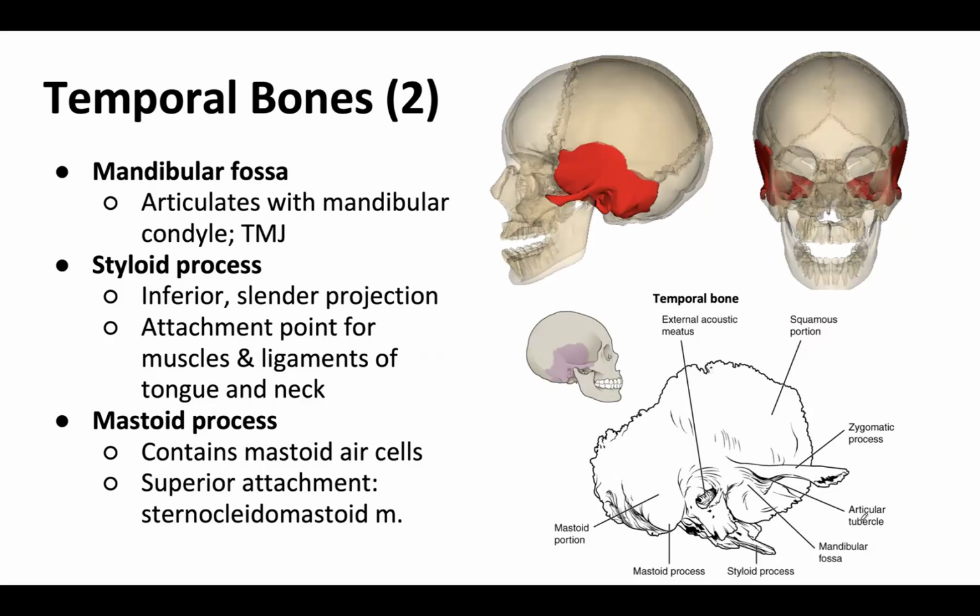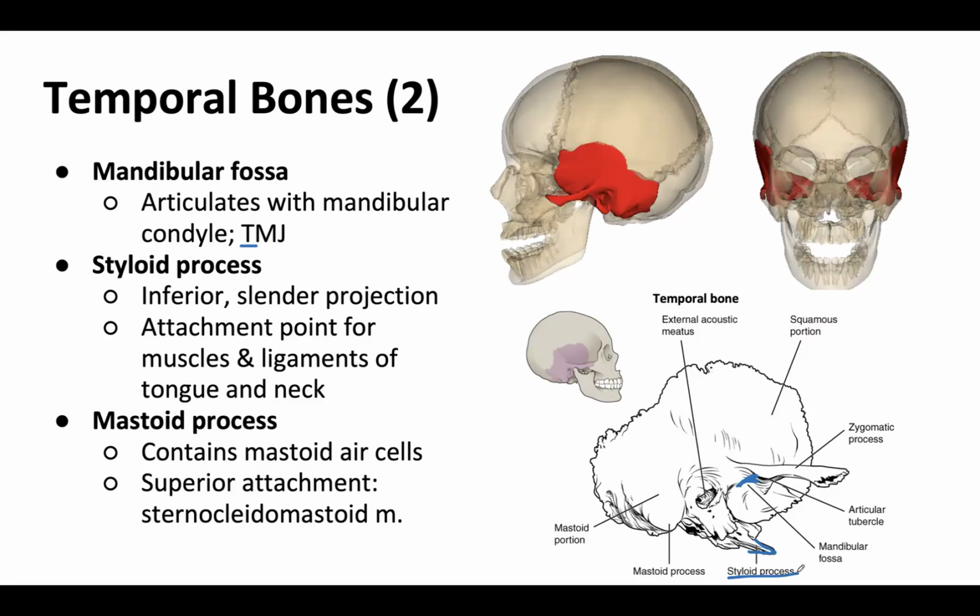So let's discuss this mandibular fossa a little bit more. This is going to be a depression, a smooth depression of bone just posterior to that articular tubercle. And this is considered the temporal portion of the temporomandibular joint. So this is the T in the TMJ. One of the most striking features of this lateral view is this spine-like slender projection called the styloid process.